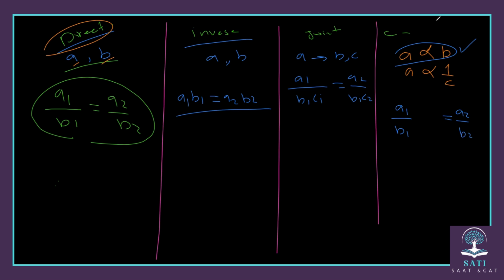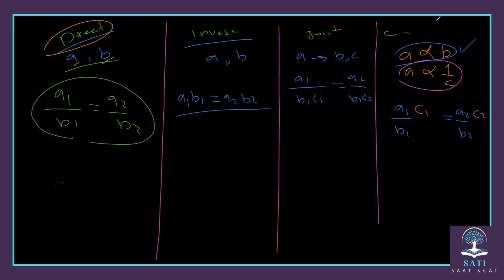I go now to the next relationship. A is inversely with C, and we said if it is inverse, that means times. So A1 is going to be multiplied by C1, and here you multiply by C2.